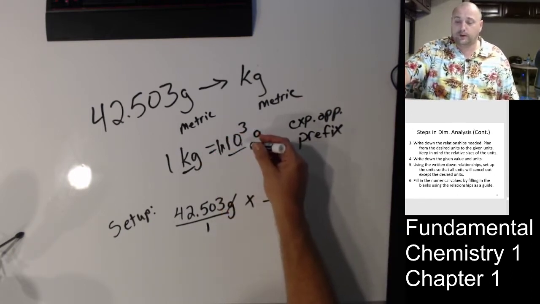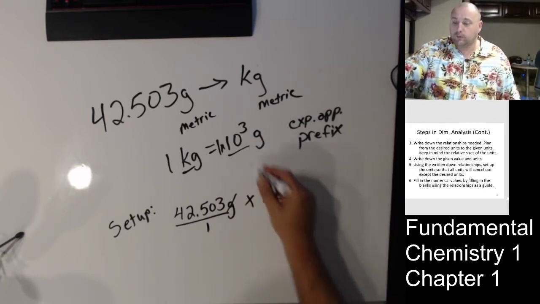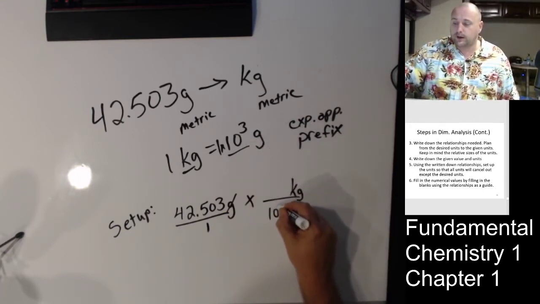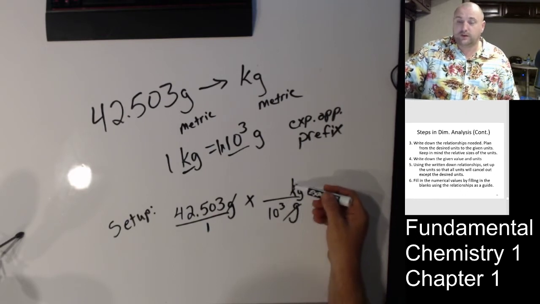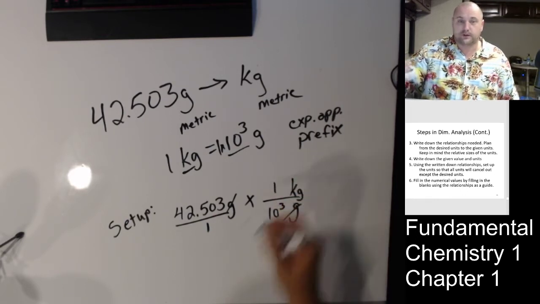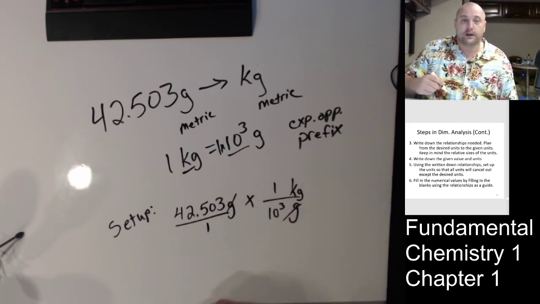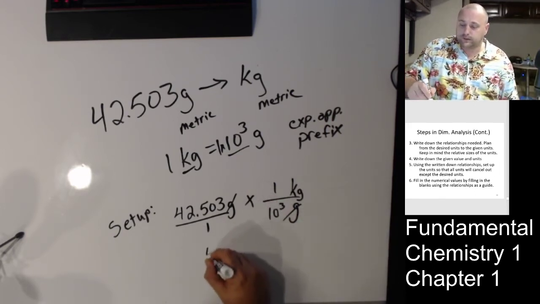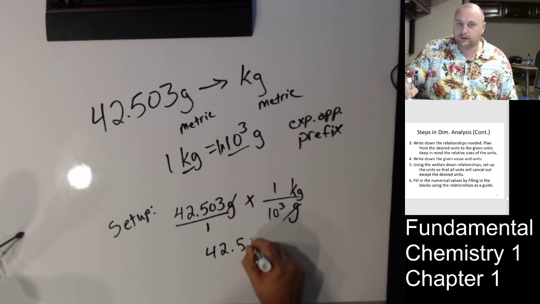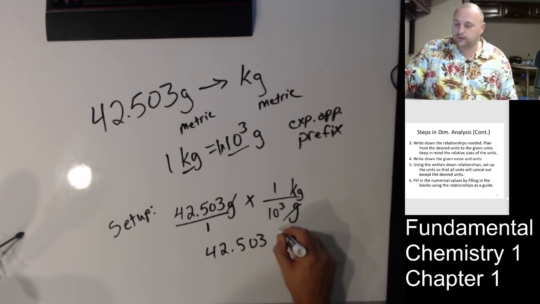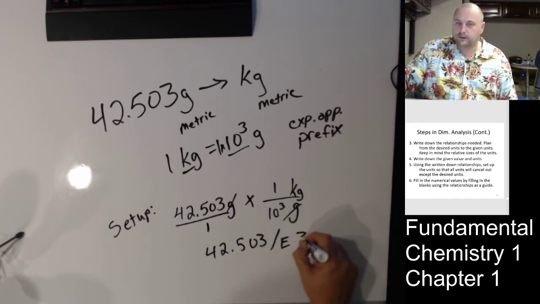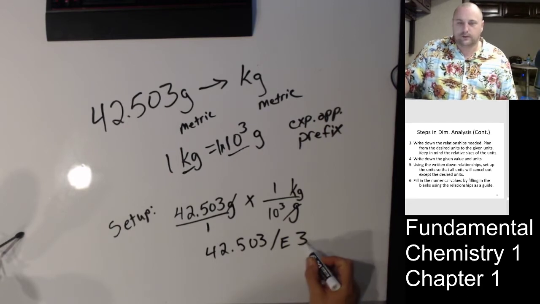Here we go. I'm going to put the 10 to the third, and it says it goes with the grams. And I can double check it real quick. 10 to the third needs to be opposite that K, and it's a 1 up here. So this says I'm going to take 42.503 and divide it by 10 to the third. Now, if I'm typing this in, I'm going to get this E to the third.